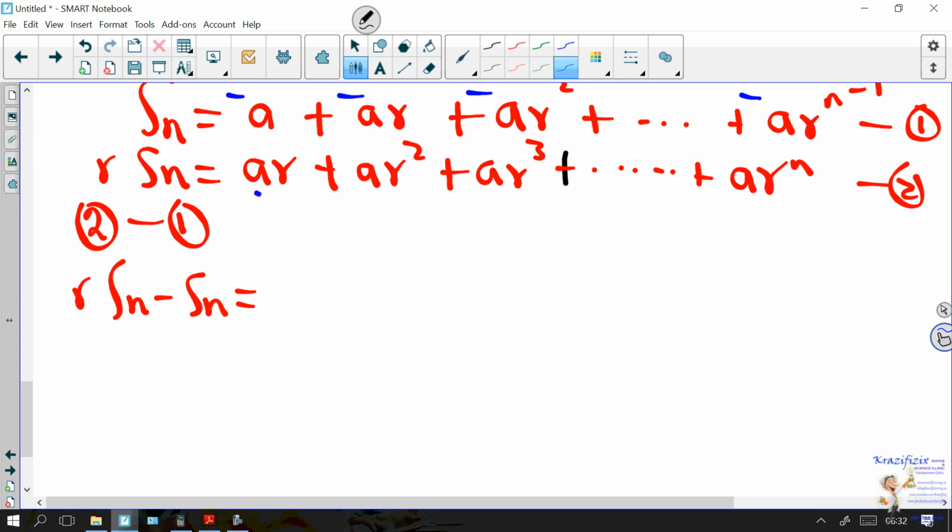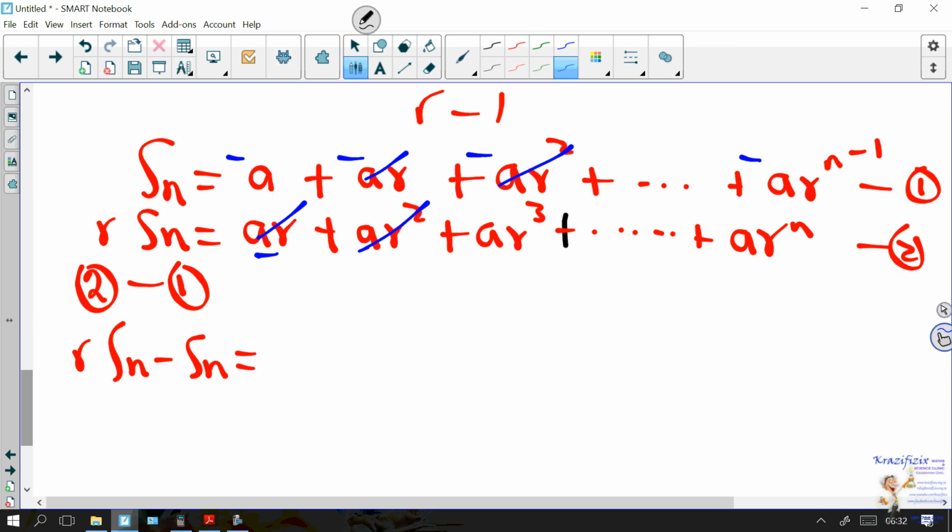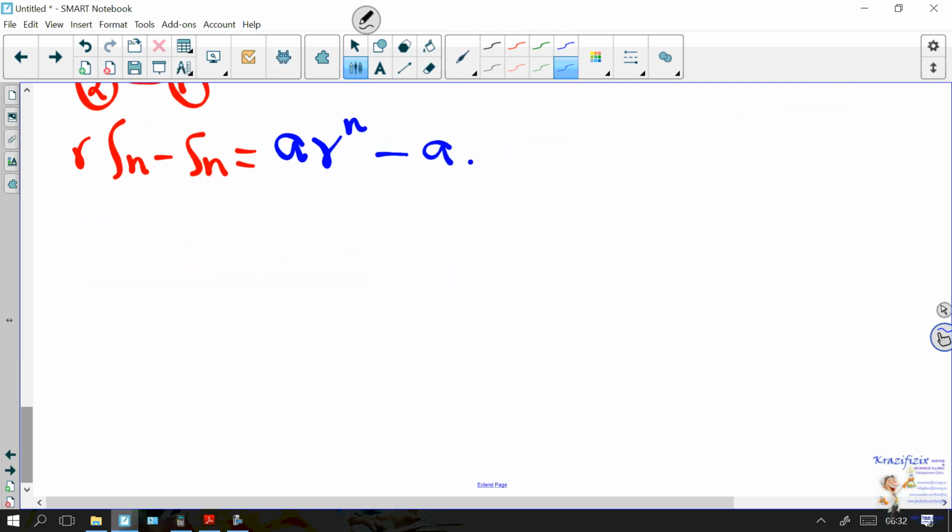So AR minus AR, that cancels out. AR squared minus AR squared, that cancels out. AR cubed will cancel the next one. So much that the term before this will cancel this out. And what am I left with? AR^n minus A.